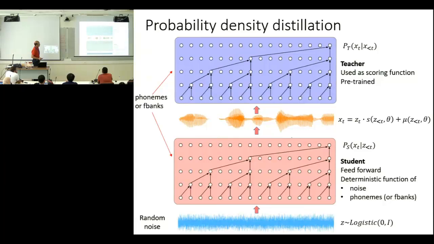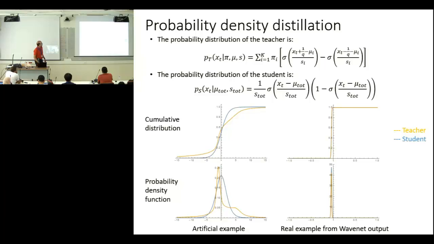The teacher also gives a prediction of the next sample using that as an input, and then we compare this prediction with that prediction, and if they are far away, we penalize and try to match the two predictions. Usually the probability distribution of the teacher is a mixture, at least in the original paper of parallel wavenet, a mixture of discretized logistics, and the probability distribution of the student is just a logistic function.